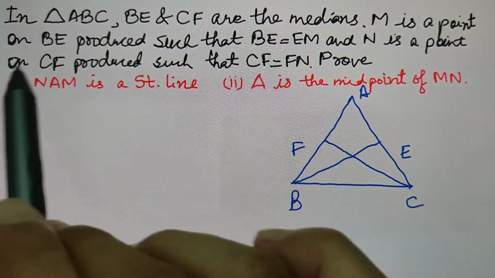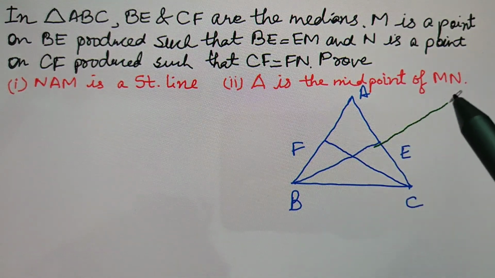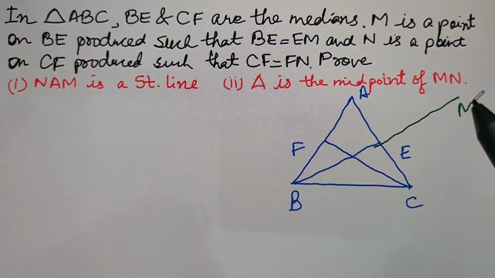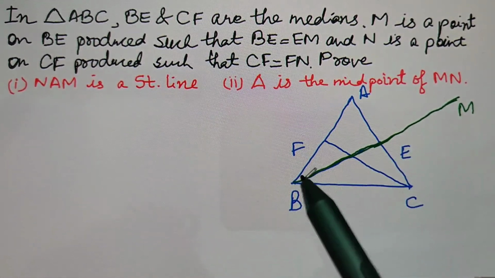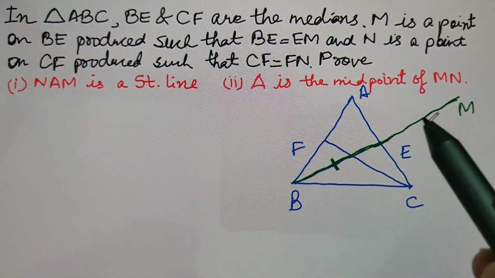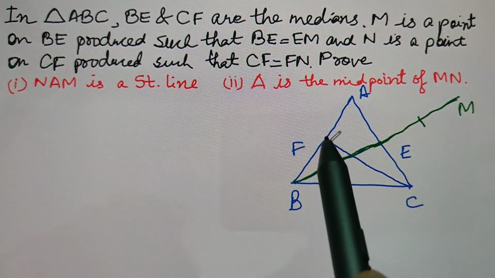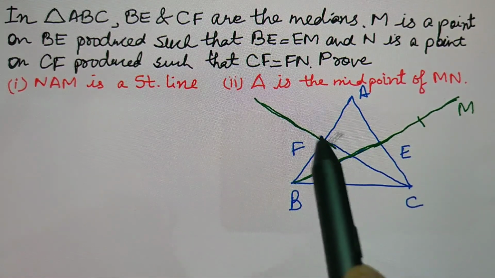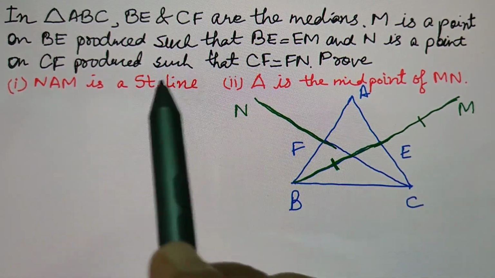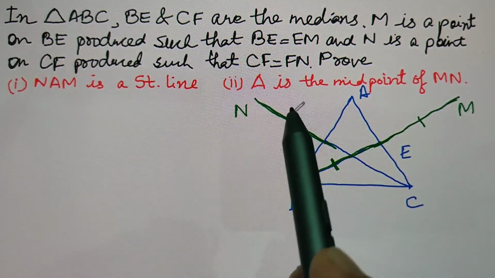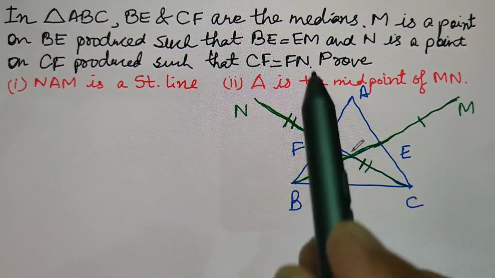Now M is a point on BE produced such that BE is equal to EM, and then N is a point on CF produced such that CF is equal to FN.